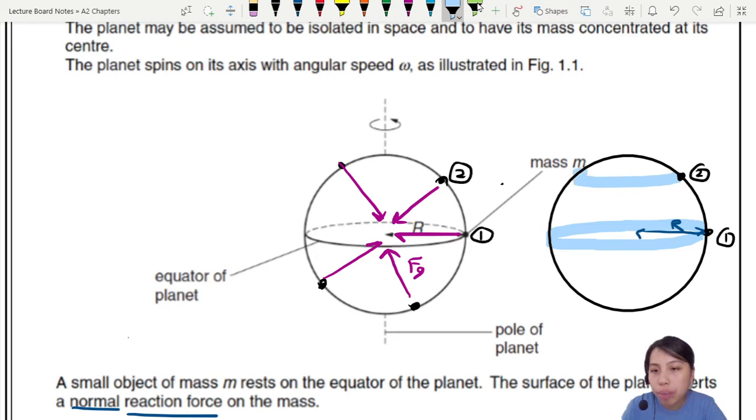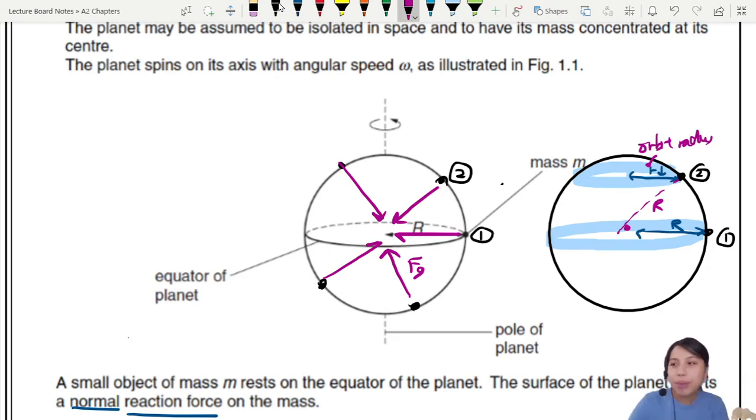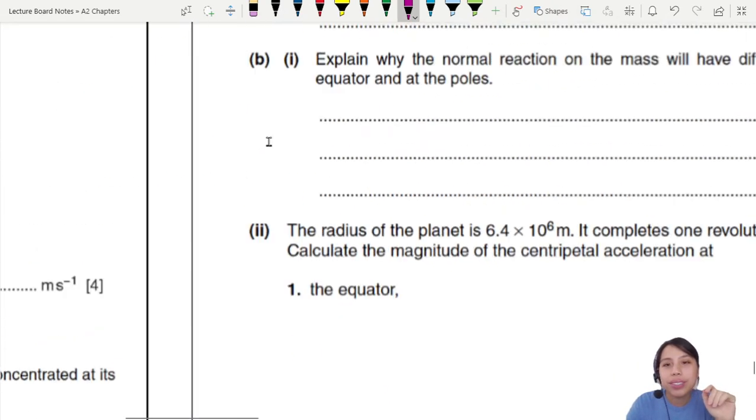You're going to go around the planet like this. So this is definitely not R anymore. This is some r that has decreased to be smaller. Big R is from you to the center of the planet, and that is not your orbit radius. So just keep in mind, this is the orbit radius.